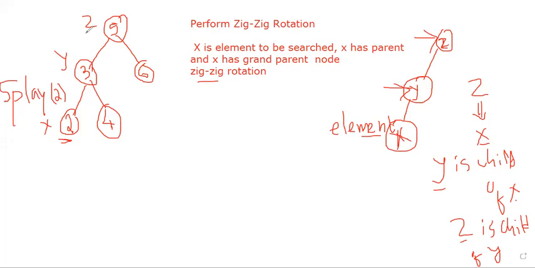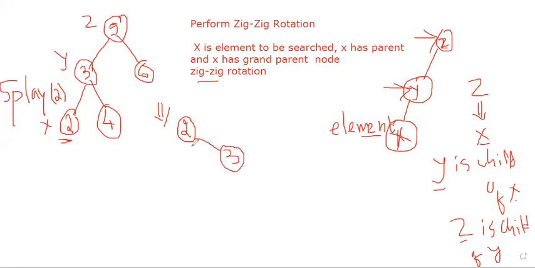For this example, as I told, z is replaced by x. Then y is a child of x, so 3 becomes a child of x.